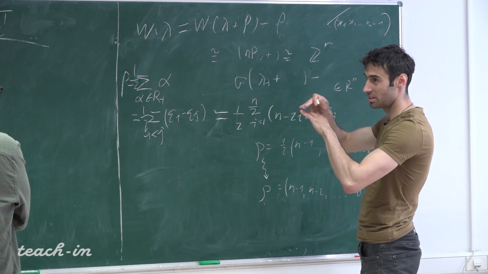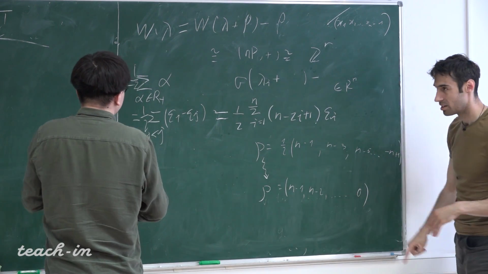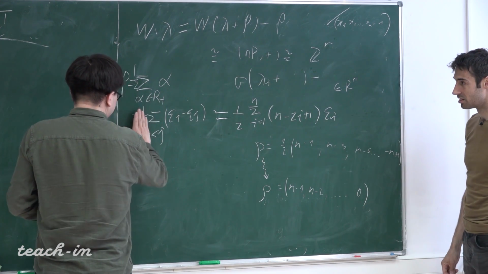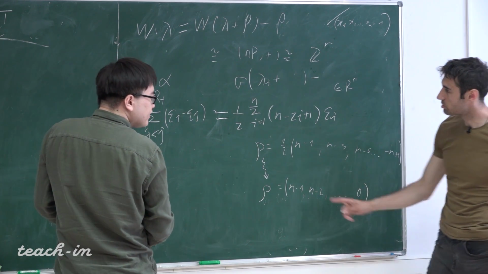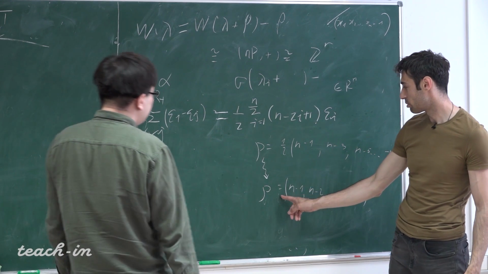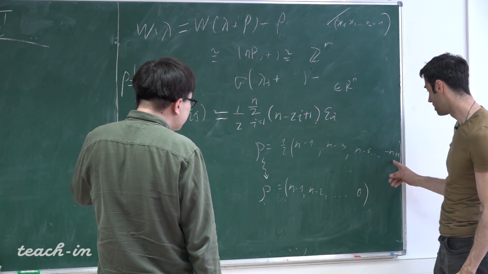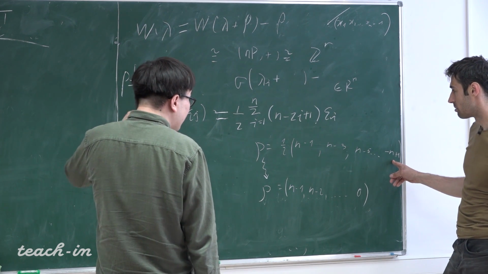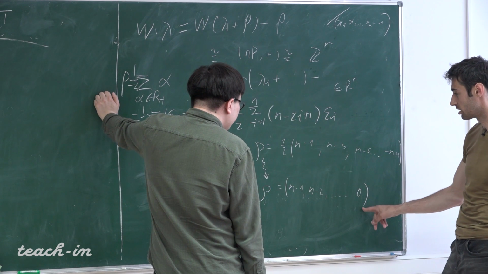So every weight that you put in the exponential, you can change by adding the same thing. I claim if you add n minus 1/2 to each entry, you will get this.